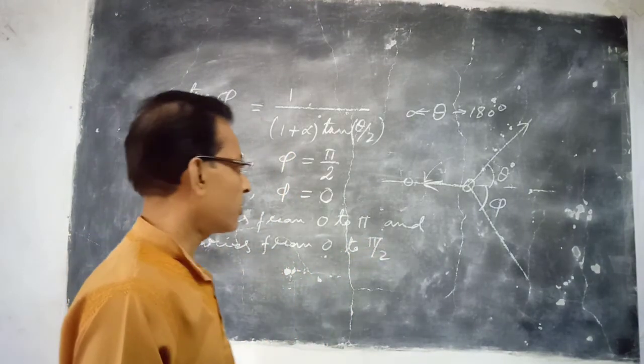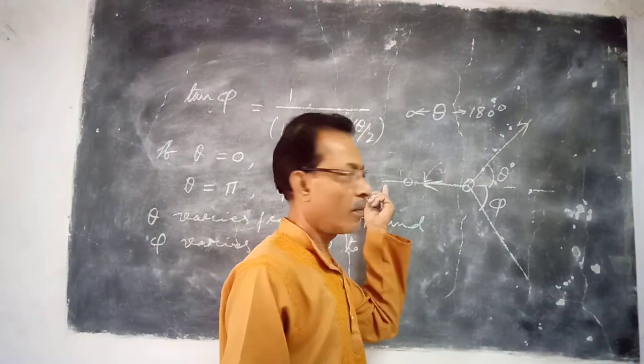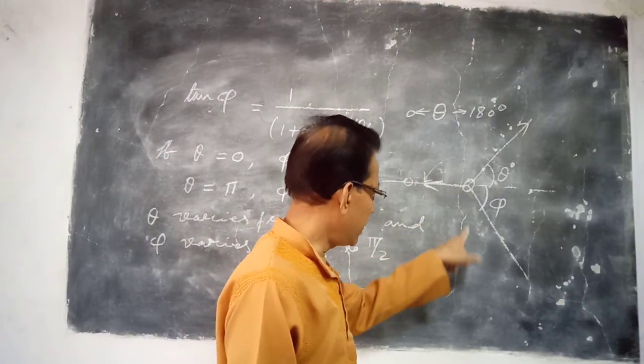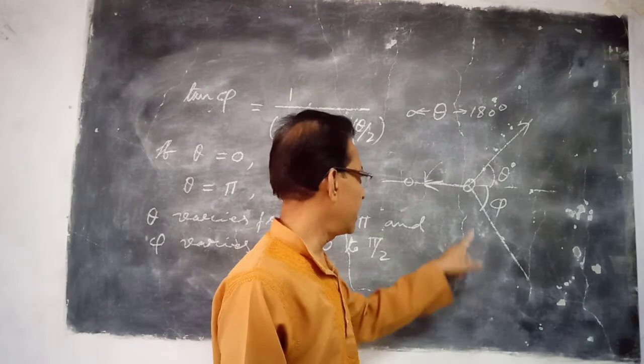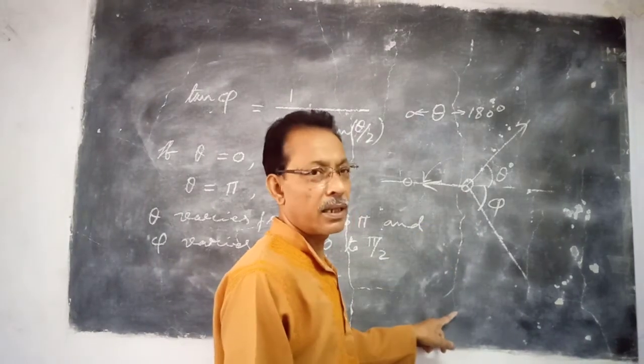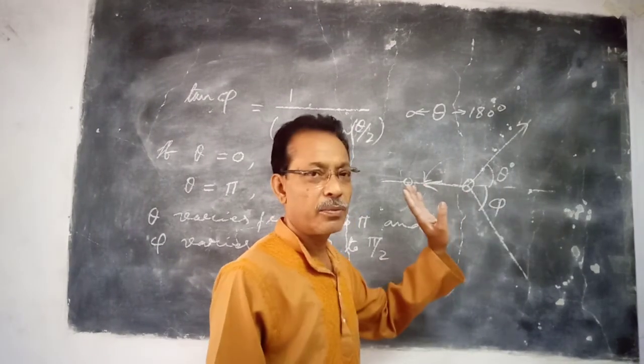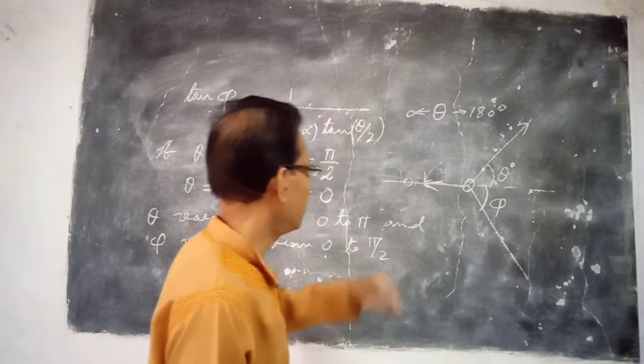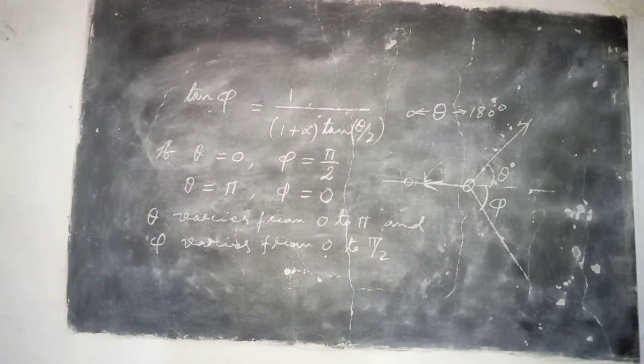So the recoil electron cannot come in the backward direction. At maximum it comes out of the atom in the perpendicular direction to the initial direction of the photon. So theta varies from 0 to 180 degrees and phi varies from 0 to pi by 2.